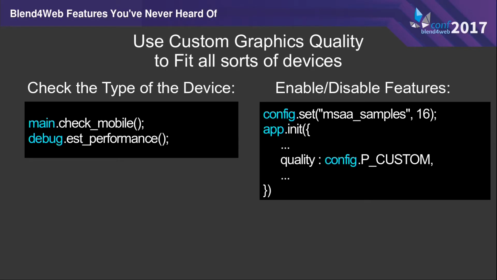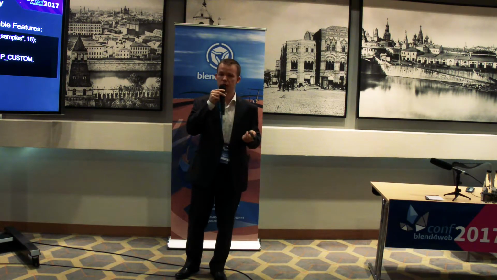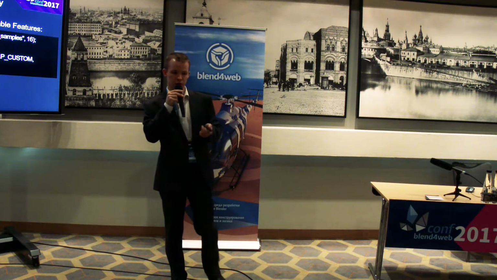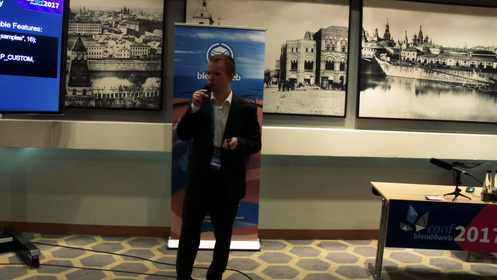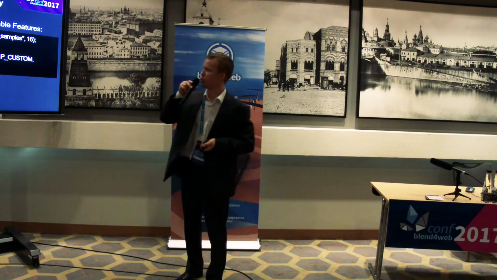Sometimes our users are not satisfied with the predefined settings which we give with low, high, and ultra quality. Sometimes they want something special. Let's say turn on very strong anti-aliasing, or maybe disable shadows and enable reflections, and so on, different combinations. You can do this.